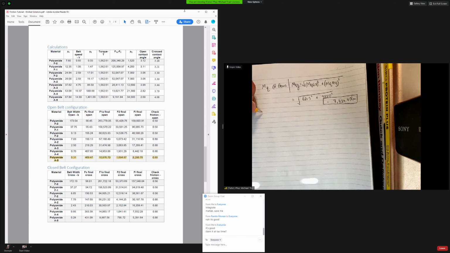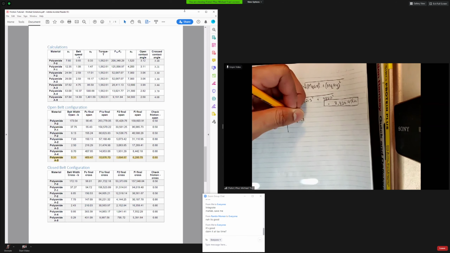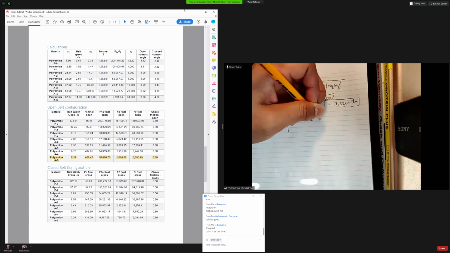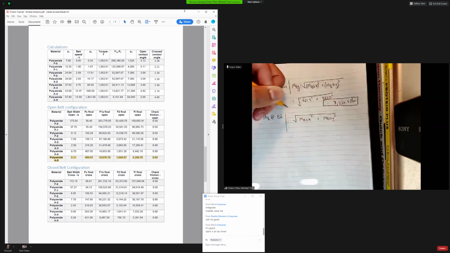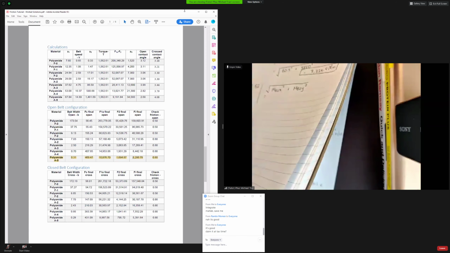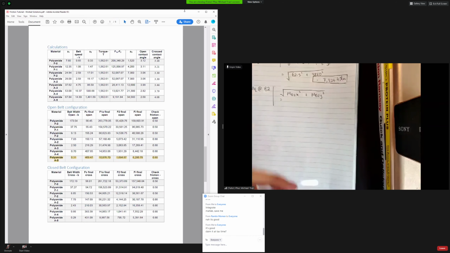And similarly, MQ at B2, see B2X plus MB2Y. 11568.